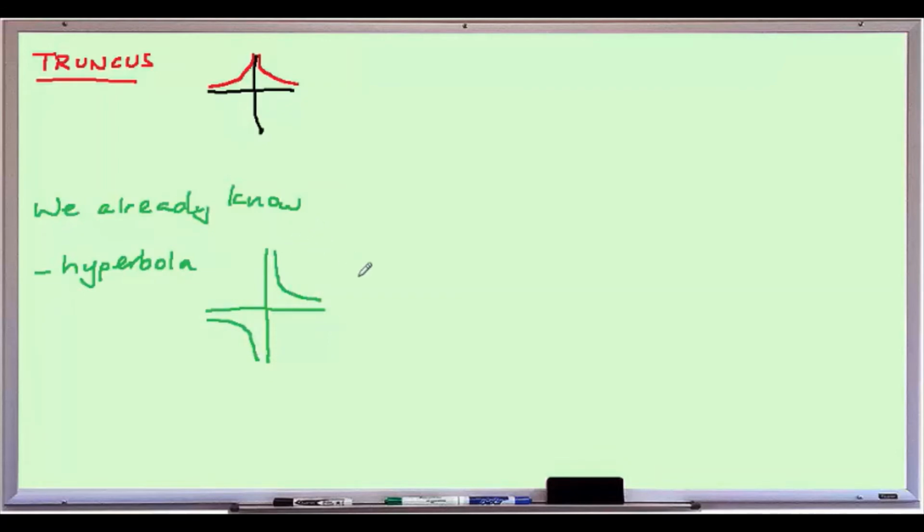We know that we have two asymptotes for the hyperbola, and the asymptotes are a vertical one and a horizontal one.